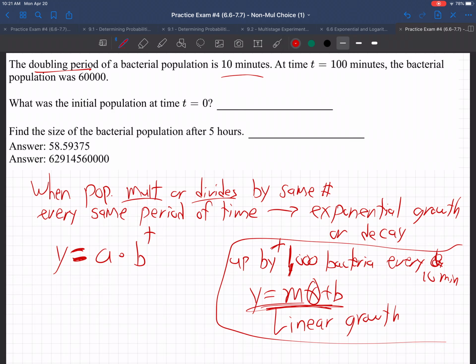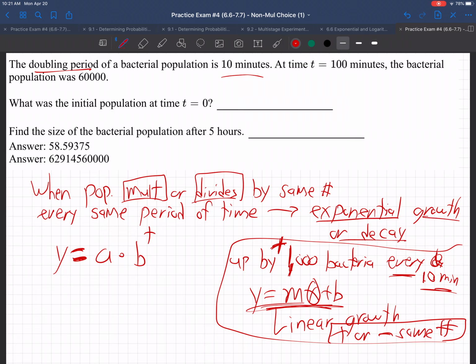If you're just adding the same number every period of time, every 10 minutes or every year, or if you're subtracting the same number, that's linear growth. But if you're multiplying or dividing the same number, that's more powerful. That's exponential growth or decay.